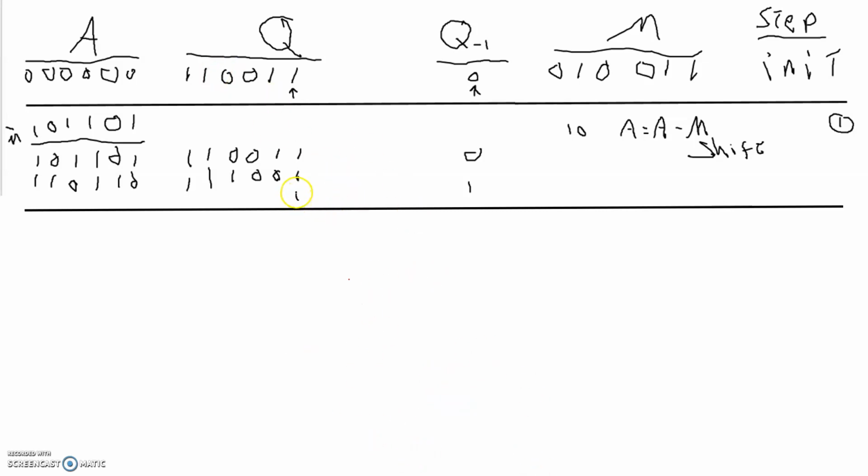We're going to look at these 2 bits, which are the Q0 and the Q minus 1. These 2 bits are 1, 1. In the case of 1, 1, all we do is a shift. So in this case, for step 2, all we're doing is a shift. So this 1 replaces the Q minus 1.